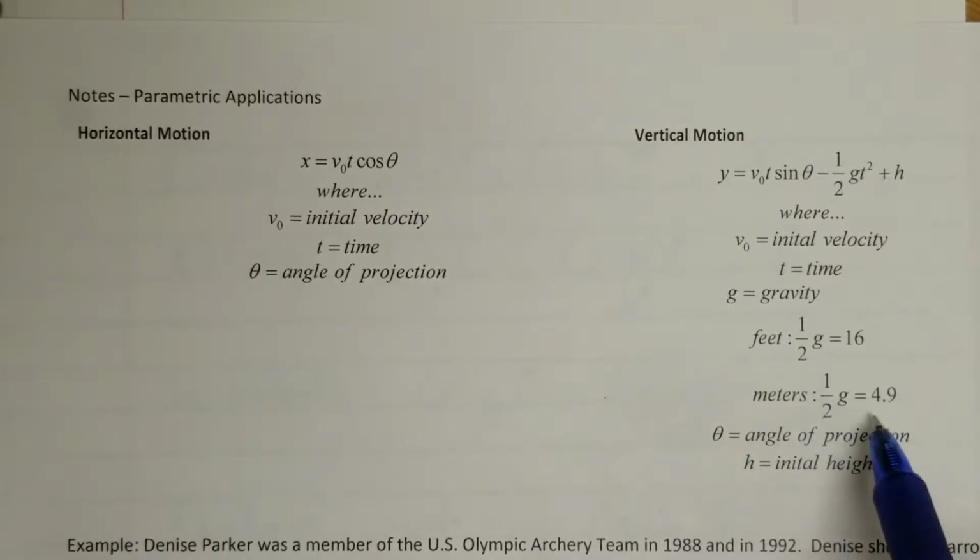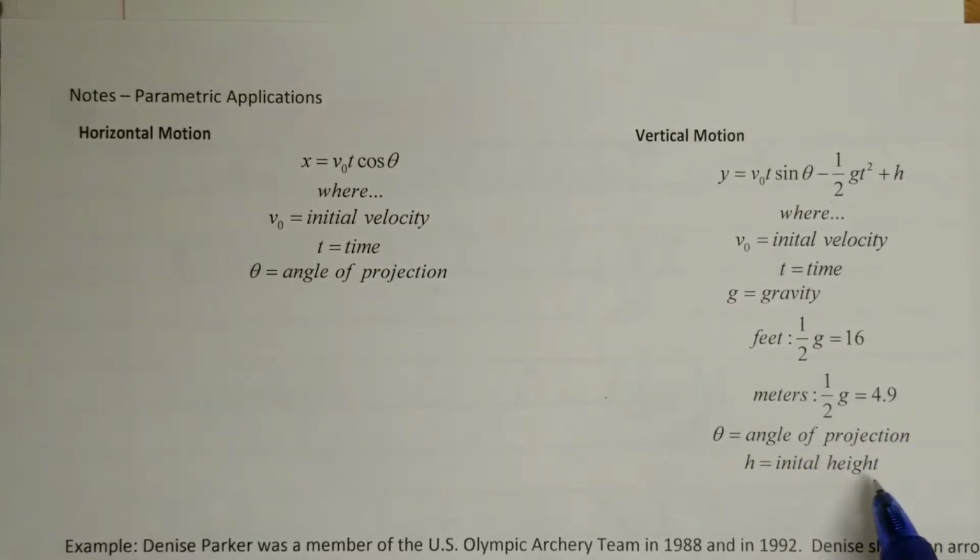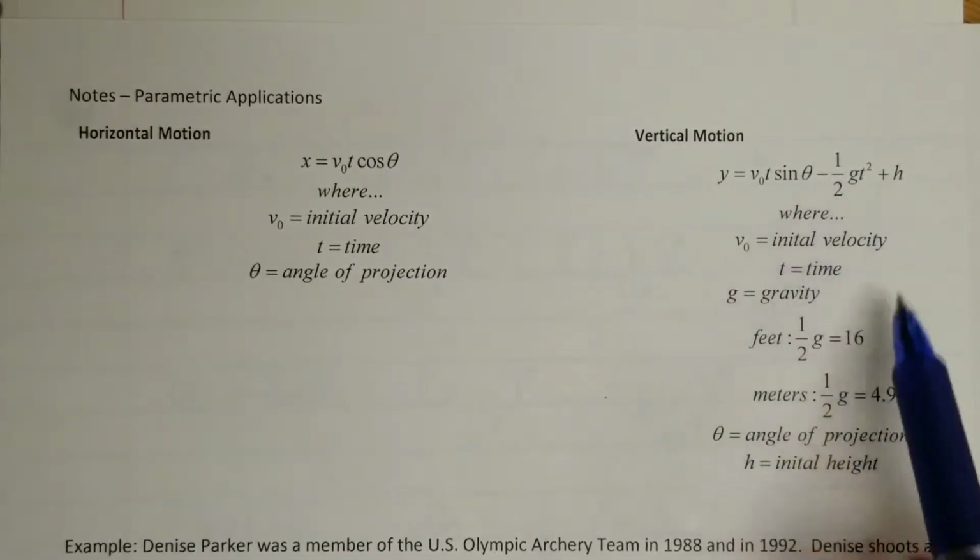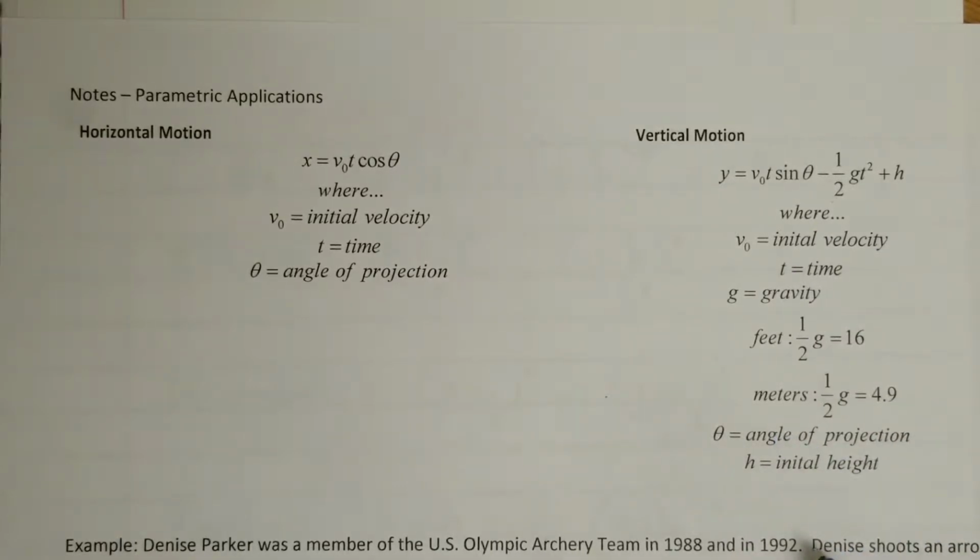And then if it's in meters, the acceleration rate is usually 9.8 meters per second squared. So 1/2 of that, our 1/2 g of 9.8, is 4.9. So we'll substitute that in if it's dealing with meters. Different problems will use different units of measurement.